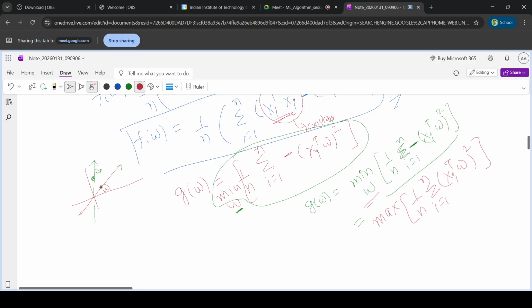So instead of saying minimum of w, you can say max of w. You want the w which gives the maximum of this value, because I removed the minus sign, that's why it becomes max. If I put minus of this equation, then it should be minimum.